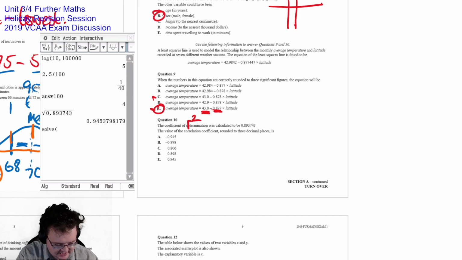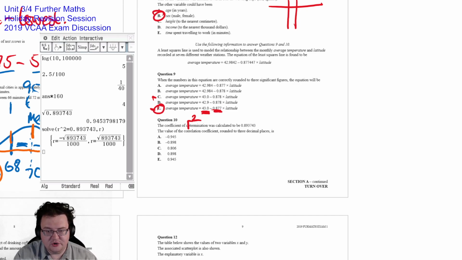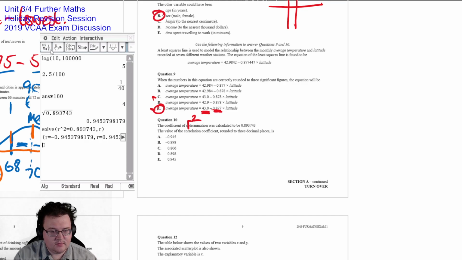However, if we say that r squared is equal to 0.893743, and we tell it to solve for r, would you look at that? I get 2 answers. I get a positive and a negative. And that way I can go, well, clearly because it is a negative line, I need a negative R value.